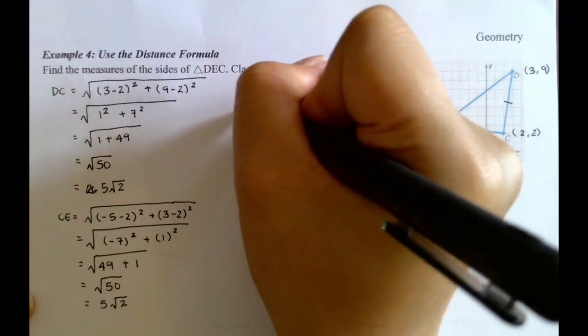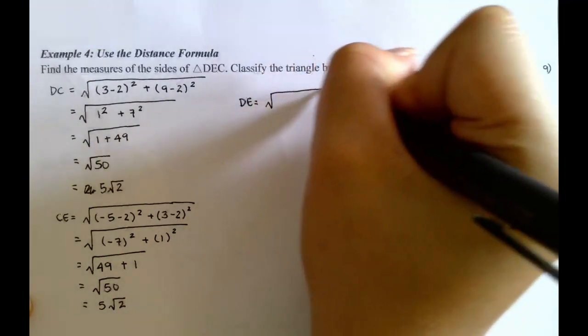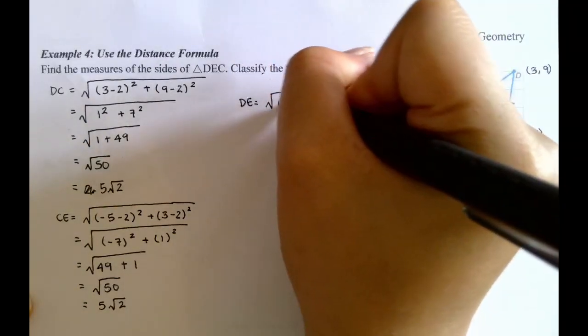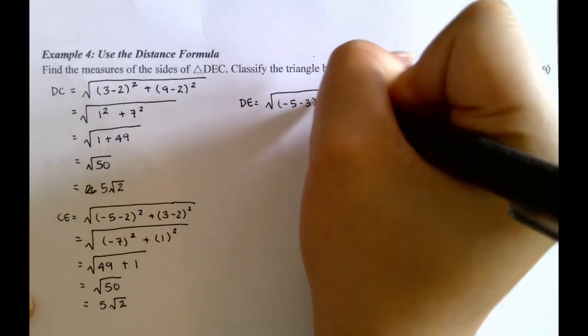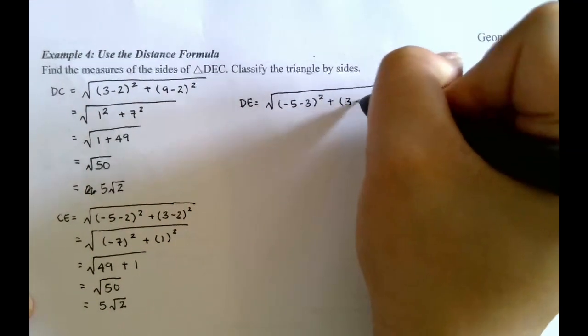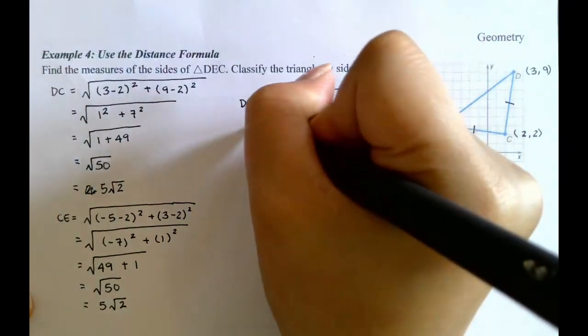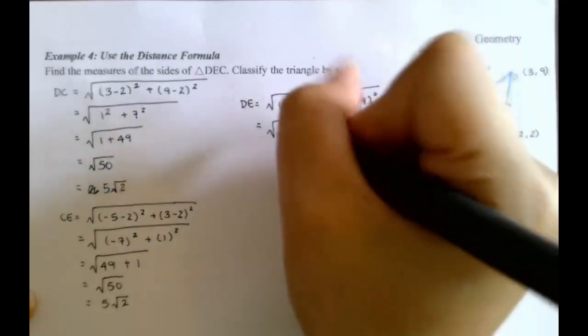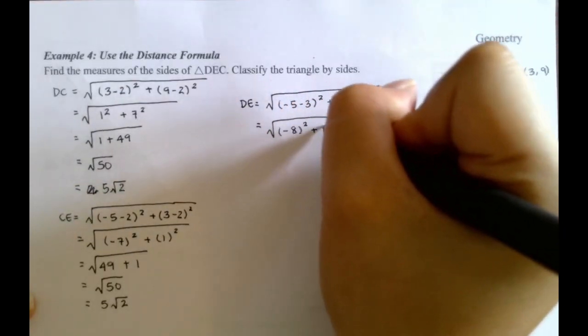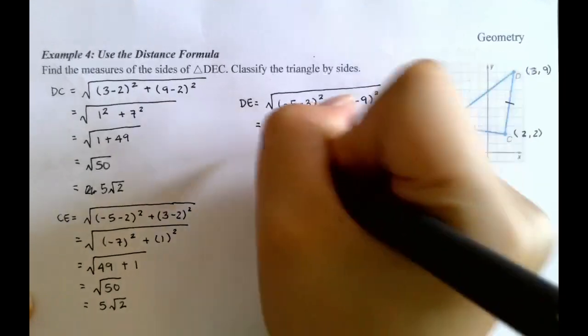So then my last side here is DE. So I'm going to do negative 5 minus 3 squared plus 3 minus 9 squared. Negative 5 minus 3 is negative 8. 3 minus 9 is negative 6.